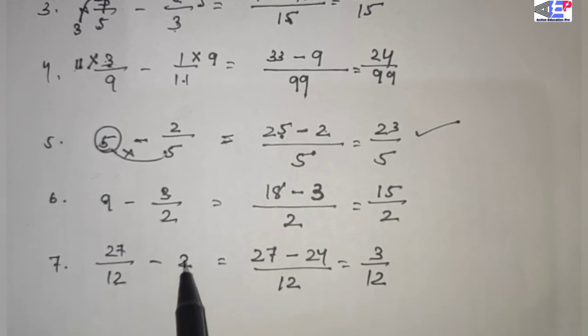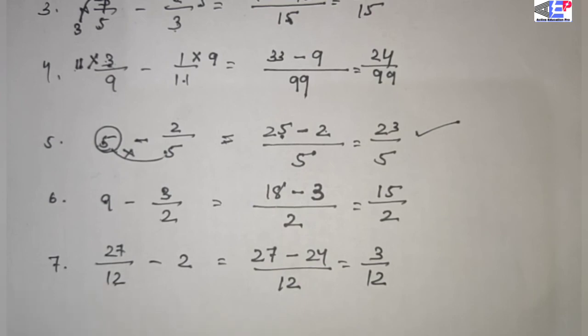Otherwise if you subtract 5 here, you will obviously get negative fractions. You are not yet aware of negative and positive fractions, so it is not for you. In your higher class you will learn about negative and positive fractions briefly. So 27 by 12 minus 2.